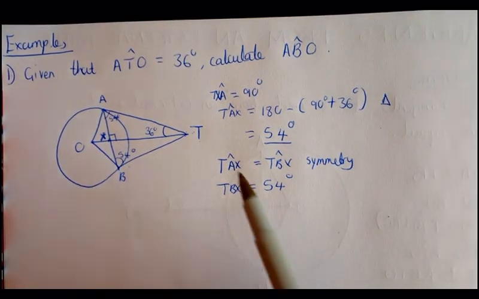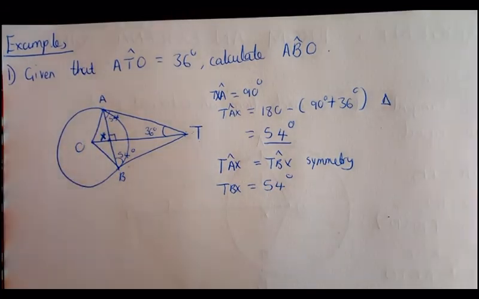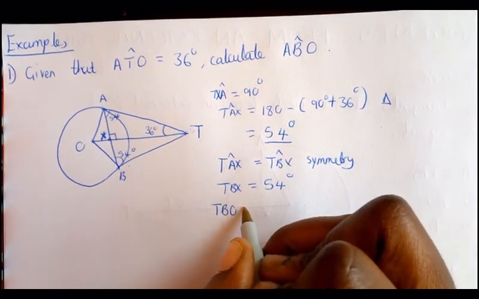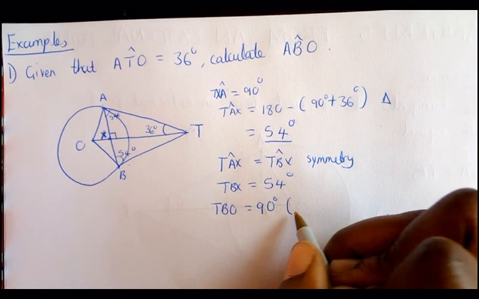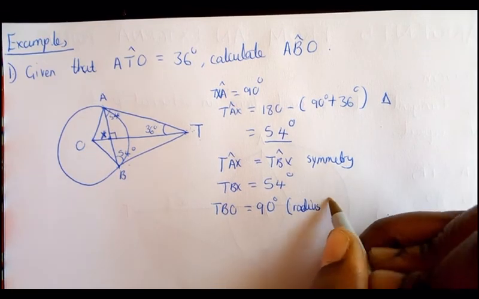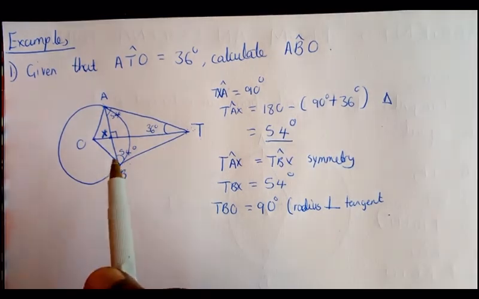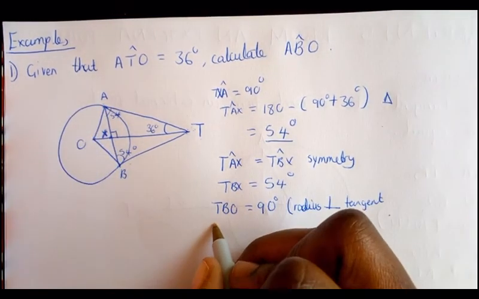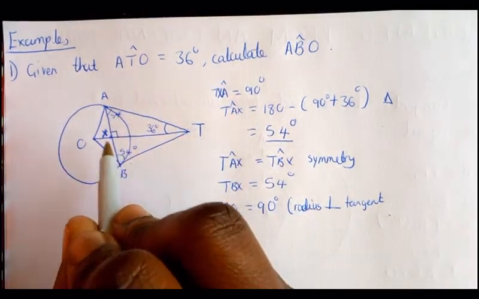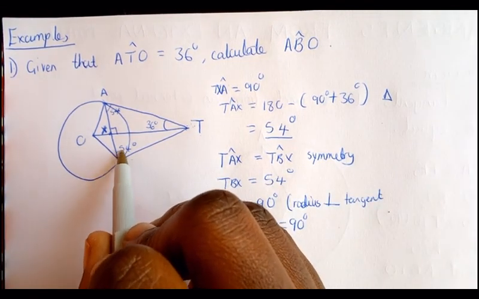So now we want to calculate angle ABO. We know that angle TBO is equal to 90 degrees. Why? Because the radius is perpendicular to the tangent to a circle. So to calculate angle ABO, angle ABO plus angle TBX is equal to 90 degrees, since these are the two angles, this and this.